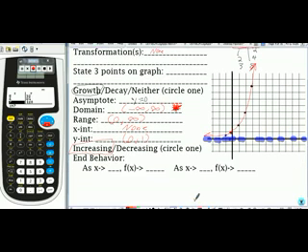Last thing here, in end behavior, as x approaches -infinity, in other words, I'm going left. So as I go left, the function's getting closer and closer and closer to my asymptote. And my asymptote in this case is 0.